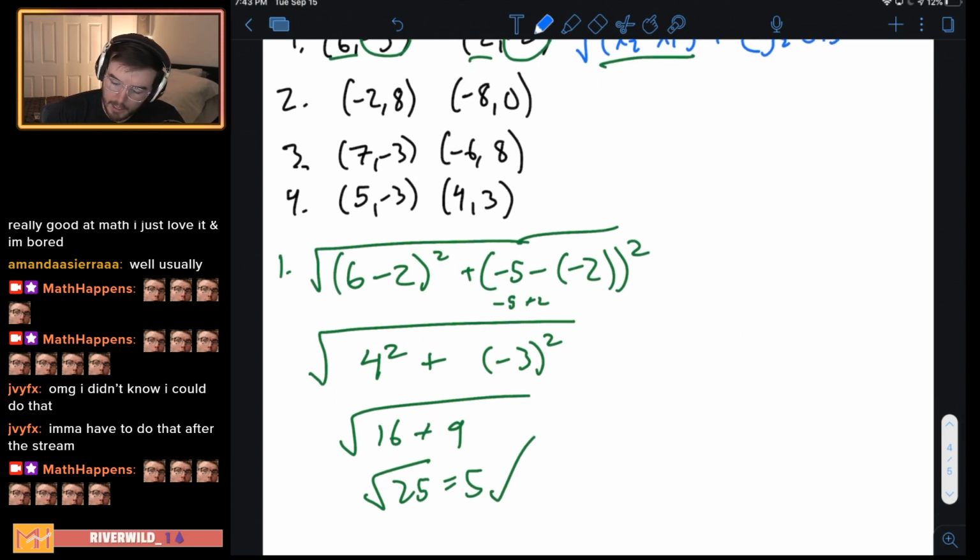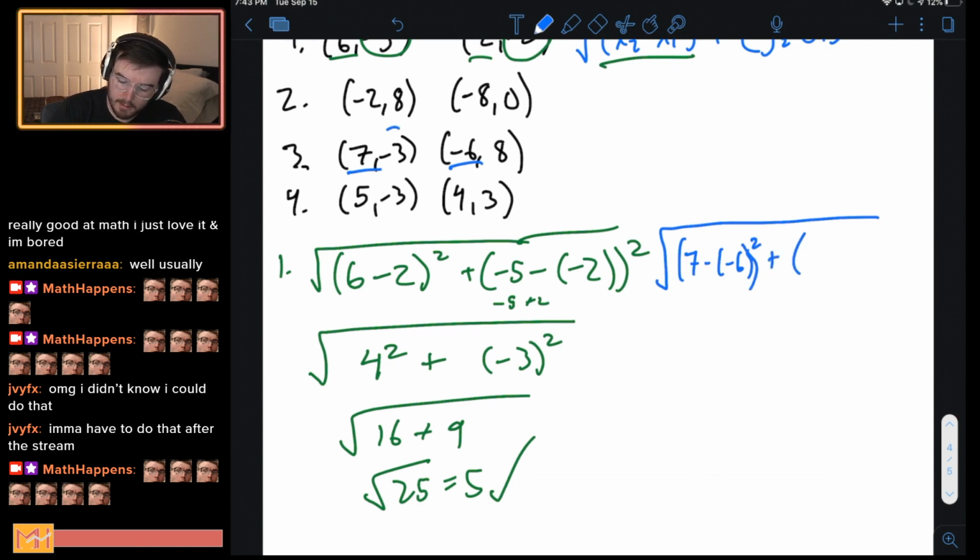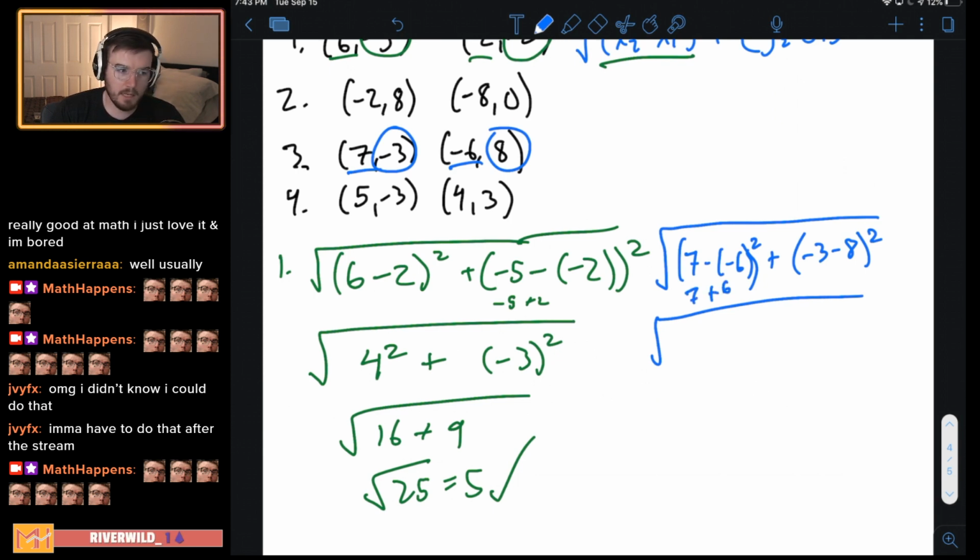Number 2. Again, I'm going to try to keep it consistent here. So x minus x. So 7 minus -6 squared plus -3 minus 8 squared. So 7 plus 6 is what I'm seeing there, right? Minus a negative means plus. So 7 plus 6 is 13 squared plus, and then -3 minus 8, that's -11 squared.